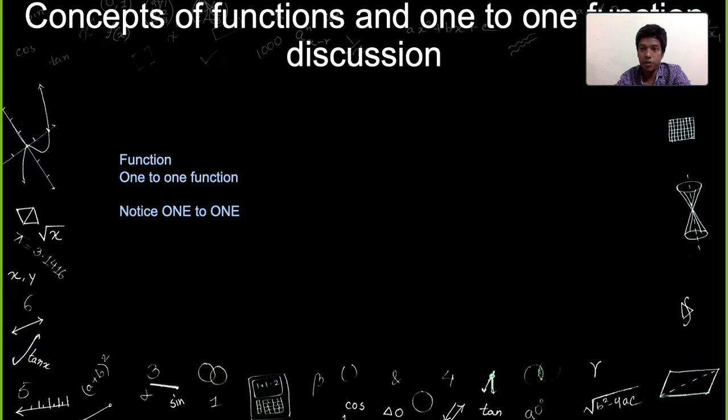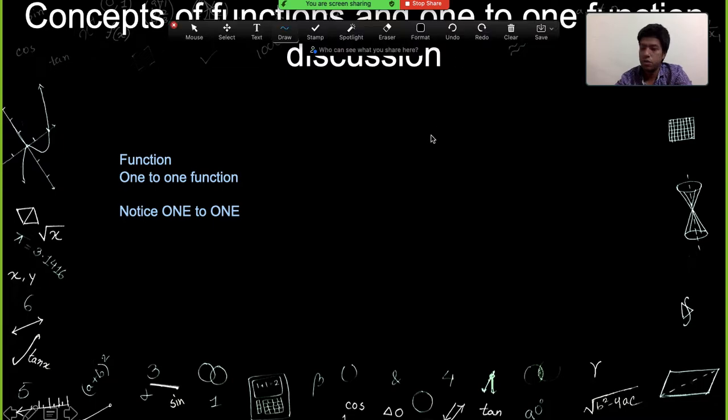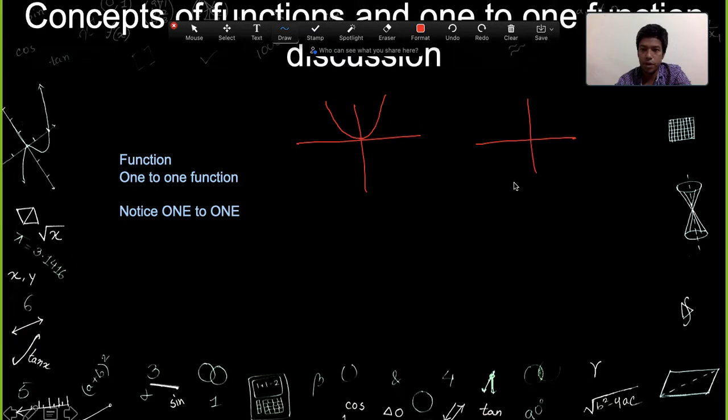In the function, we know that the function can have, for one x value, let's say, if I draw a graph, let's say you have some quadratic function graph, let's say you have some cubic function graph.